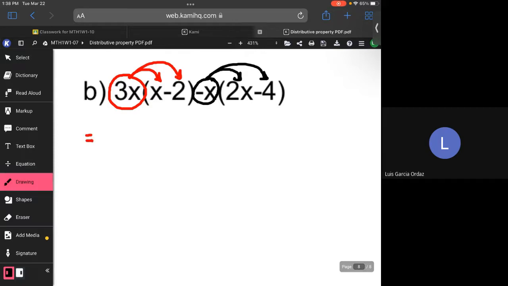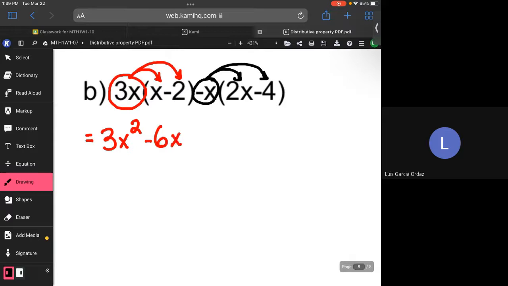So what's 3x times x? What does that give me? Laura. 3x squared. What's 3x times negative 2? Yazin. Negative 6 what? Yep, negative 6x.